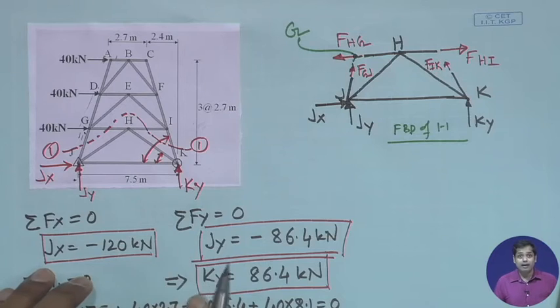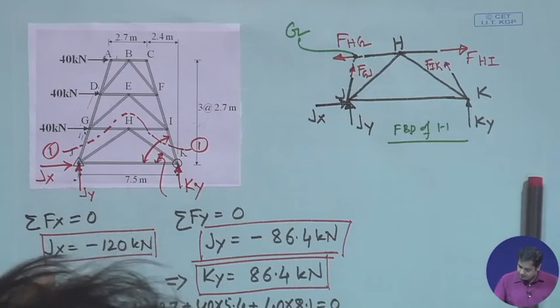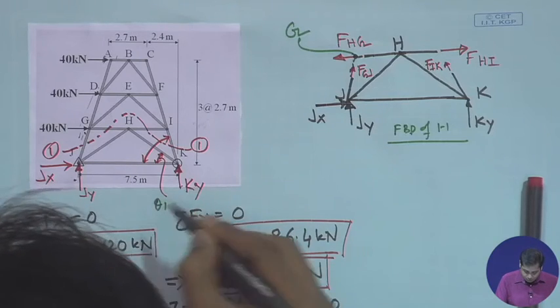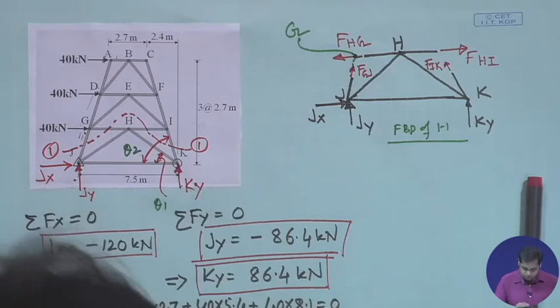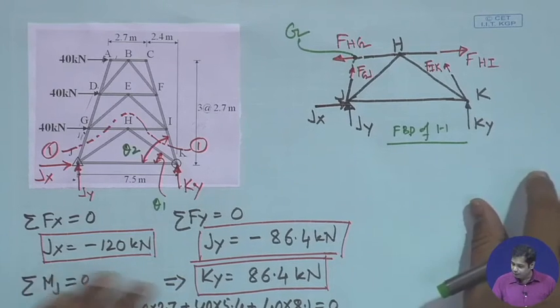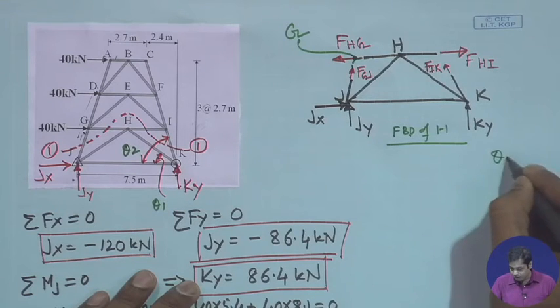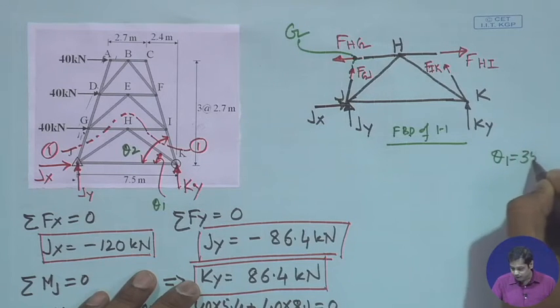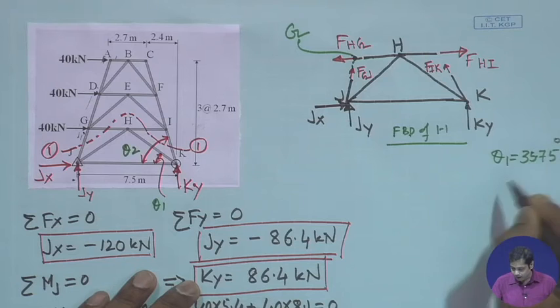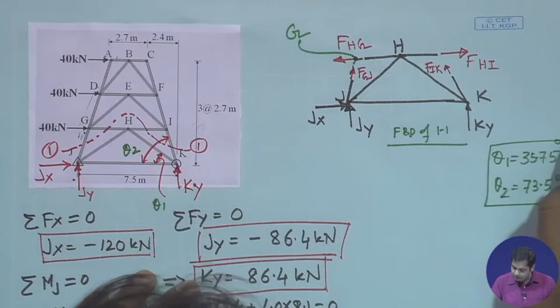Suppose this angle is theta 1 and this angle is theta 2. All the dimensions are given. You can verify that theta 1, the smaller one, comes around 35.75 and theta 2 is 73.5.